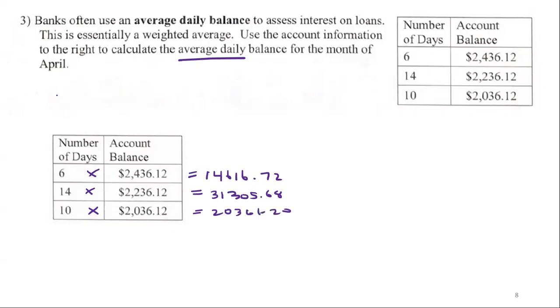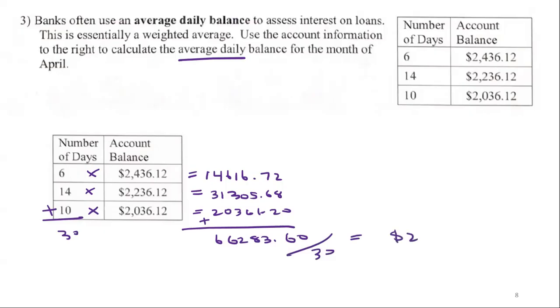Once you find the weighted scores, you just add these numbers and we get 66,283.60. Very similar to the GPA. Once we find that, we add up the number of days, which will be 30, and we divide the total we received here by 30. So divide this by 30 and we get $2,209.45.